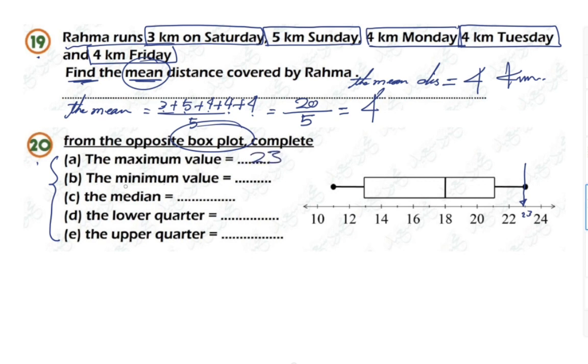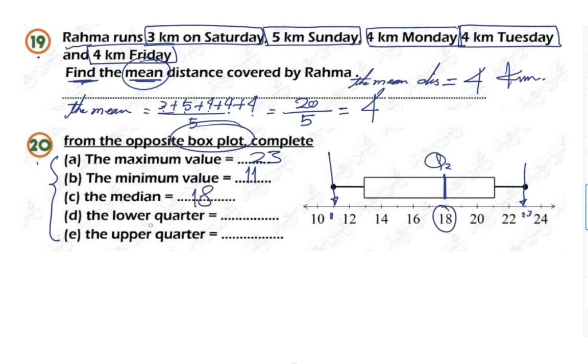Okay. The minimum, or this point leads us to the minimum. 10 and 12, in between them 11. Okay, the median or Q2, this line indicates 18.